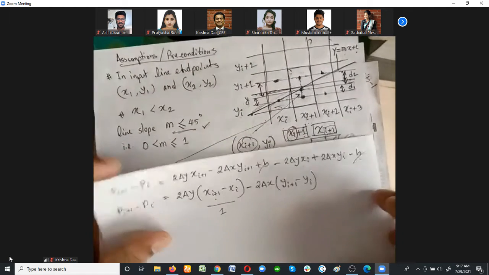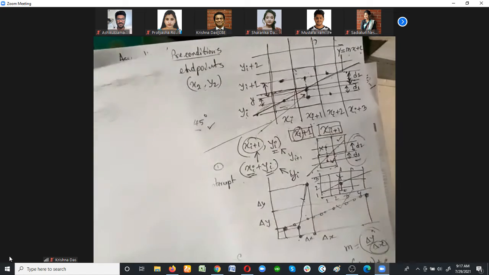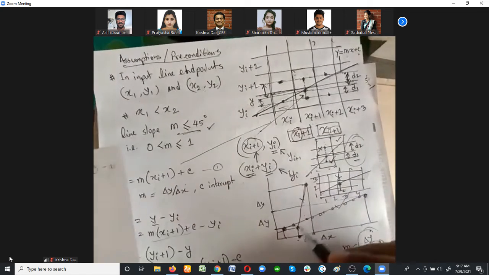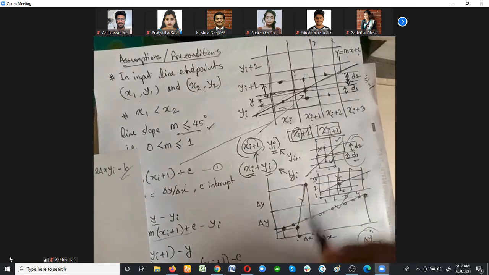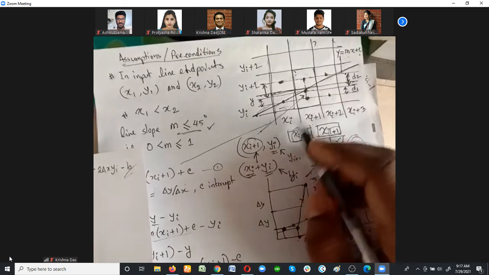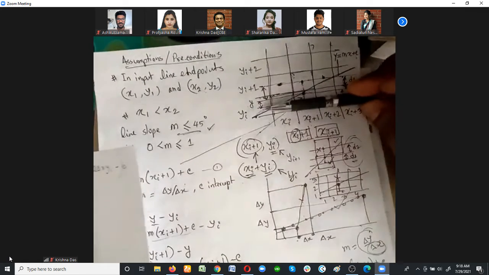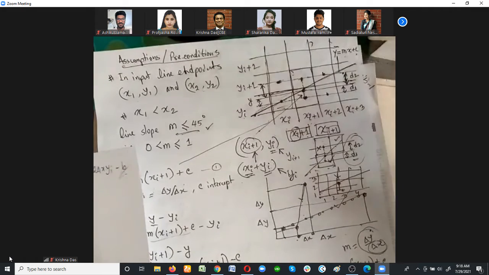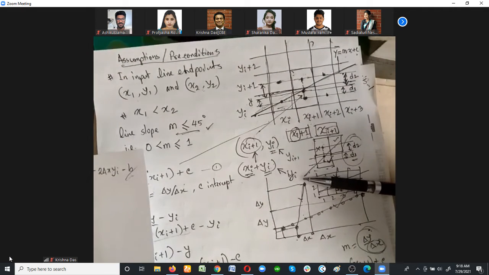Because if we consider a line like this, this is the concern, you see why the equation would be different. We have mentioned that if the line is more than 45 degrees, or the slope is greater than 1, then in every case the next value of x, xi plus 1 minus xi, will not be 1, meaning x will not change every time, but in every case yi plus 1 minus yi will be 1, because the y coordinate value will change here, right?